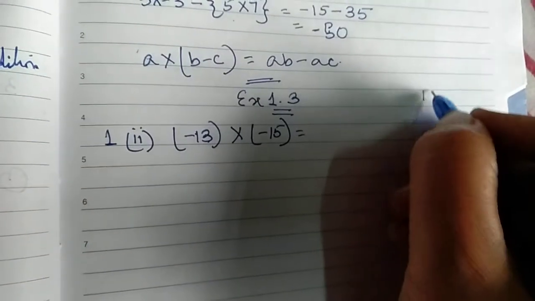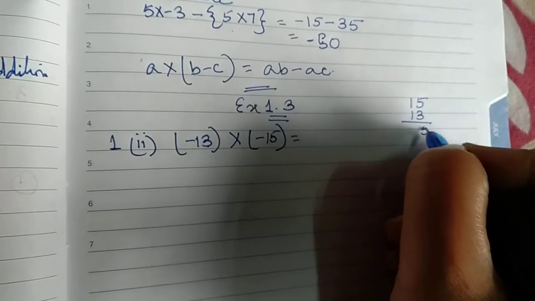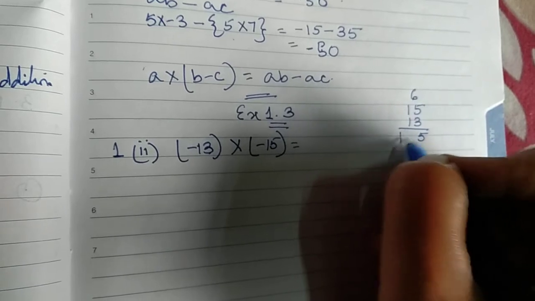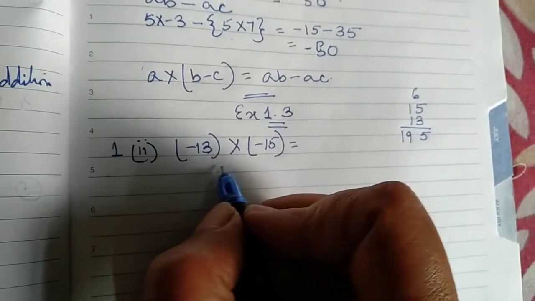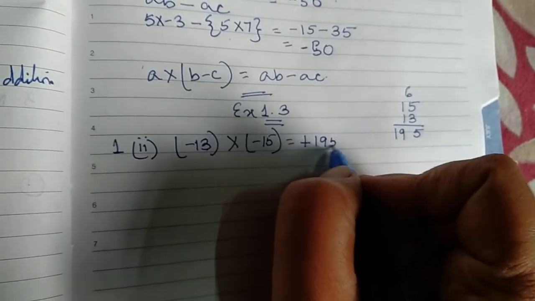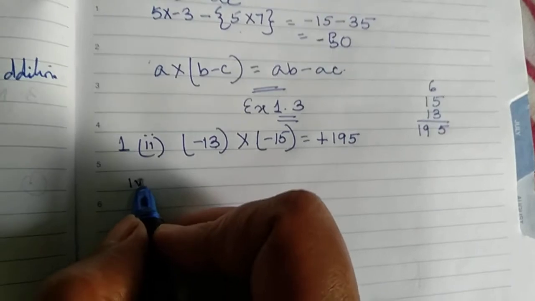So if you multiply 15 into 13, what do you get? It is plus 195.